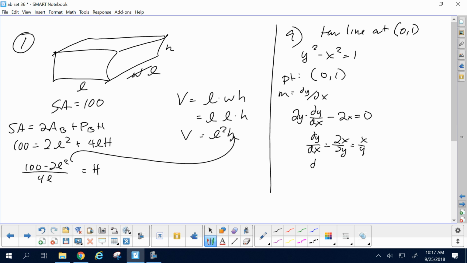So the derivative at that point, at 0, 1, is 0 over 1, and therefore the tangent line has a slope of 0. If I use that slope in that point, then it's y minus 1 equals 0 times x minus 0, and so in essence it's y equals 1, which is to say it's a horizontal line.